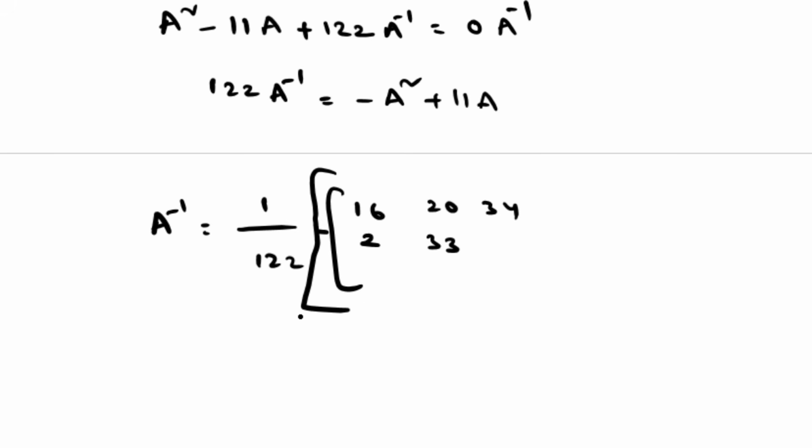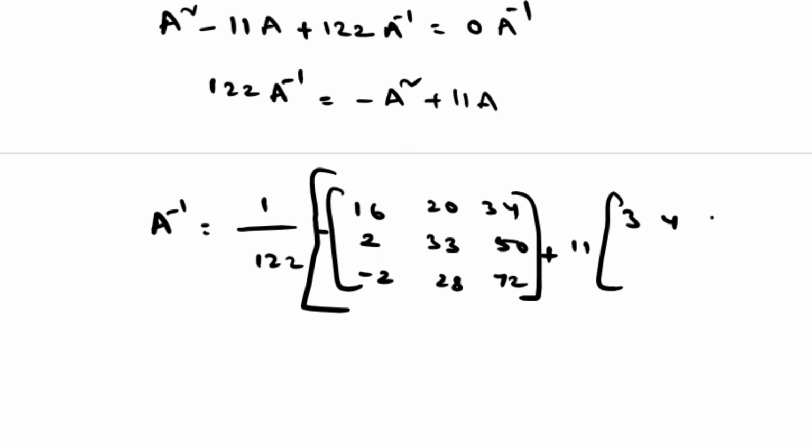minus A square, which is 16, 20, 34, 2, 33, 50, minus 2, 28, 72, plus 11 into A matrix, which is 3, 4, 1, 2, 1, 6, minus 1, 4, 7.